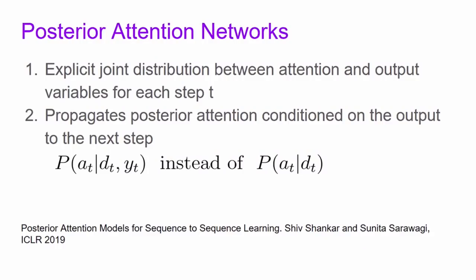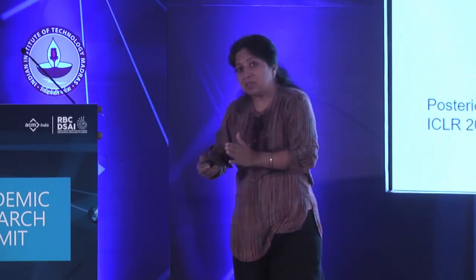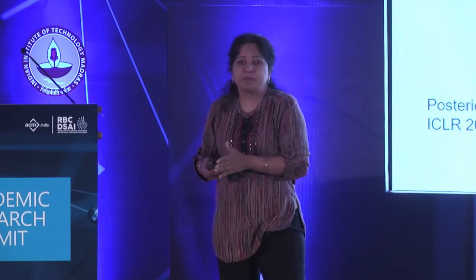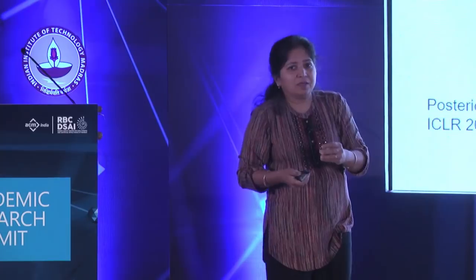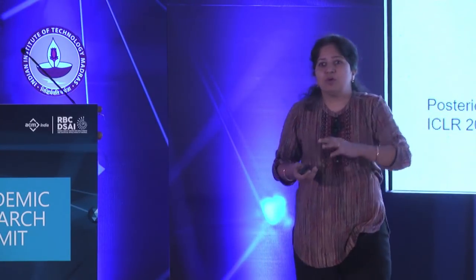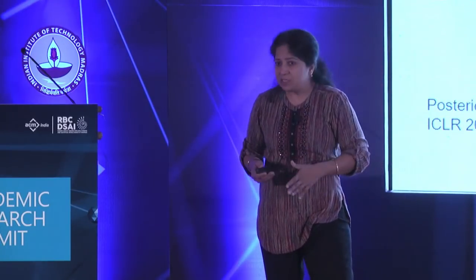So for that, after you have computed the attention at each position, you want to take that attention distribution to influence the attention distribution that you compute at the next position in the output. And earlier, that coupling was done through the attention distribution you had computed without looking at YT.